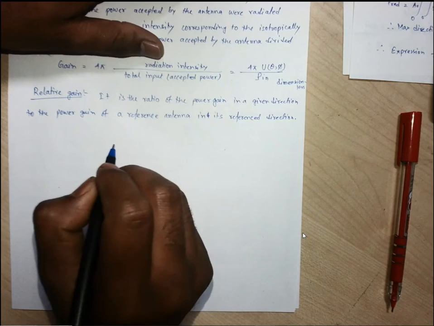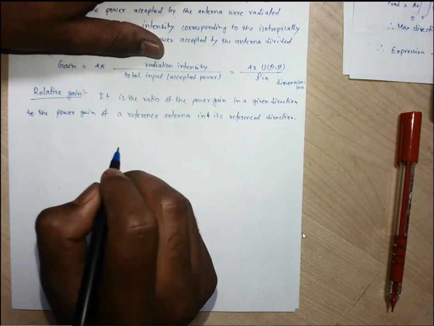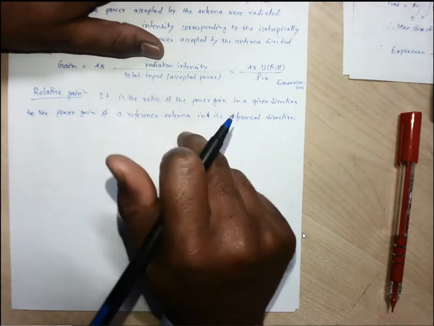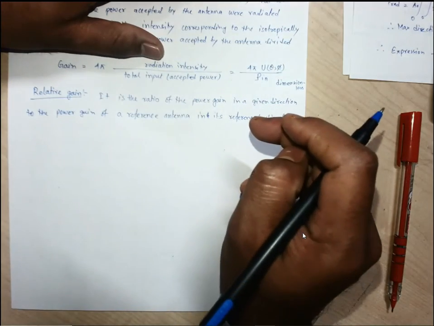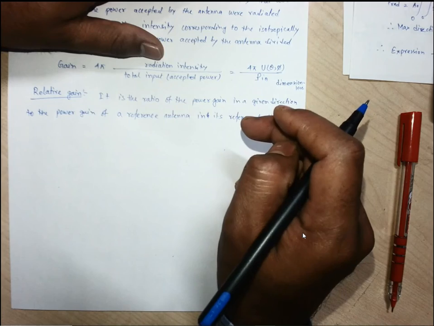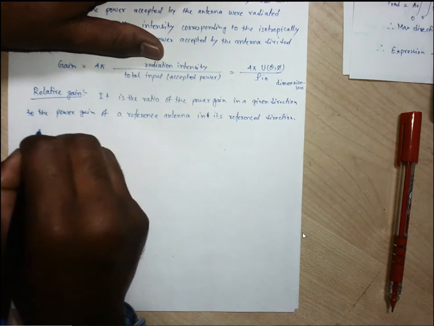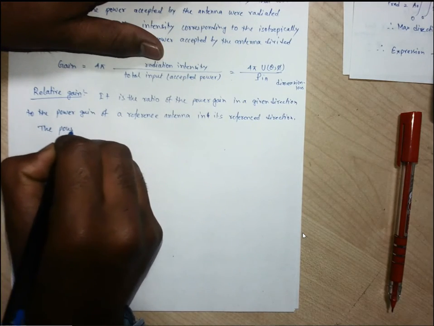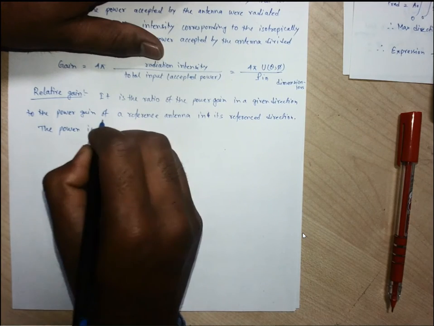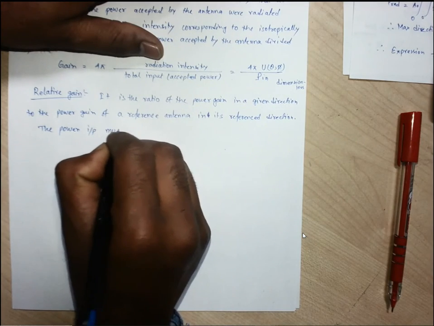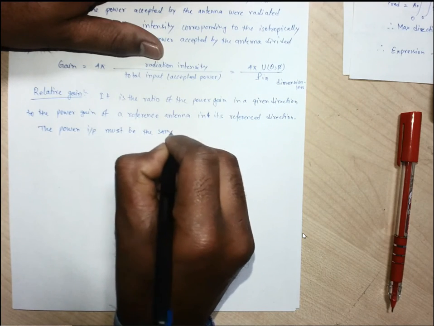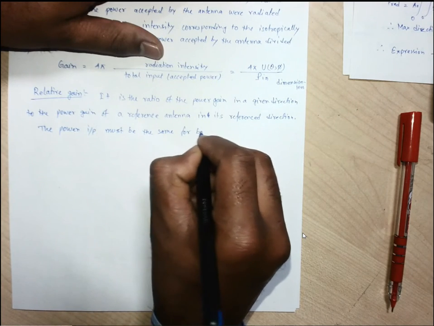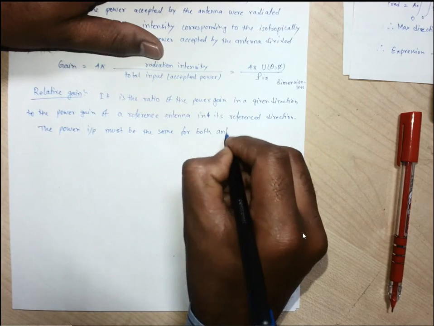But the condition is that the power input must be the same for both antennas. This reference antenna may have a different direction, and our antenna under test may have a different direction. The power input must be the same for both antennas.